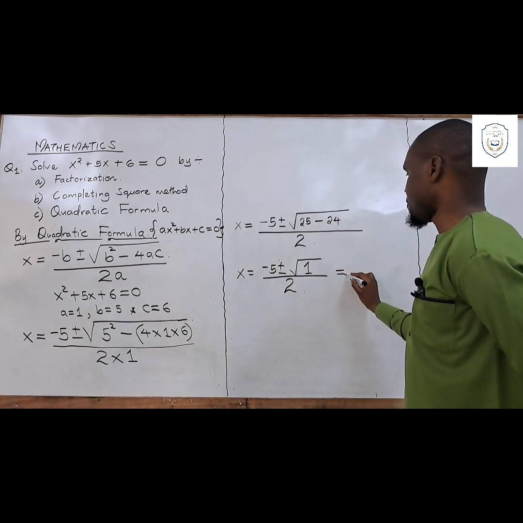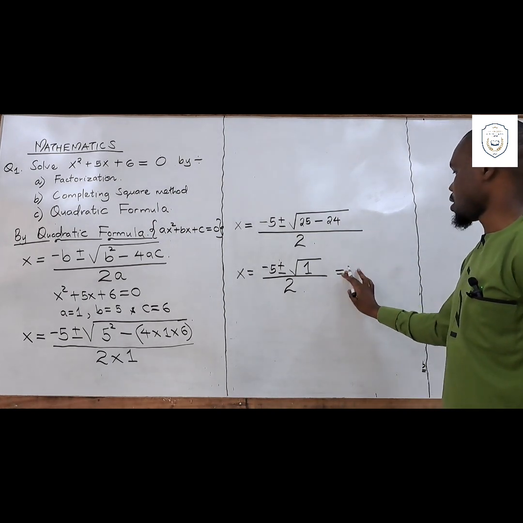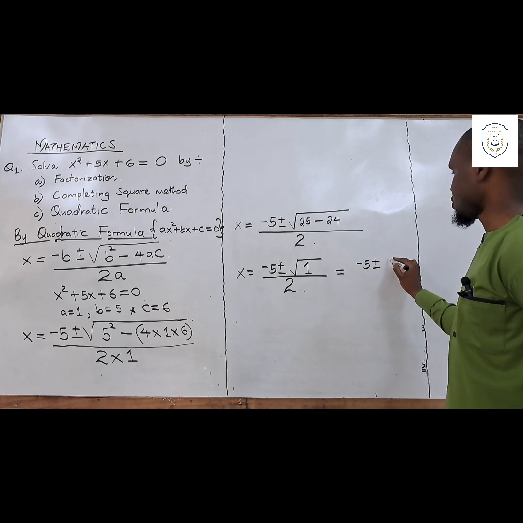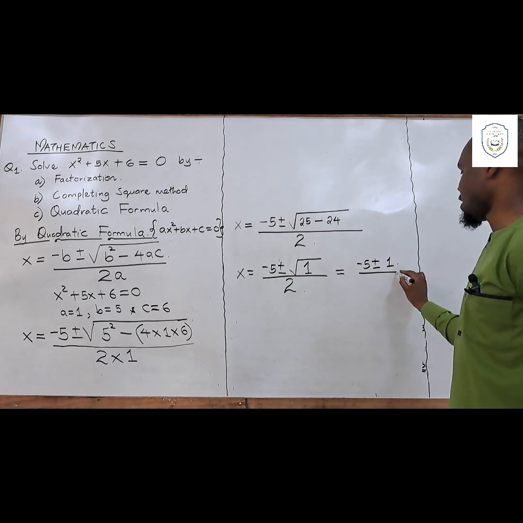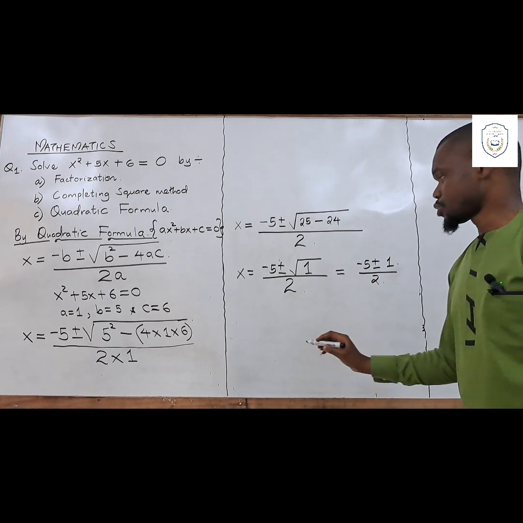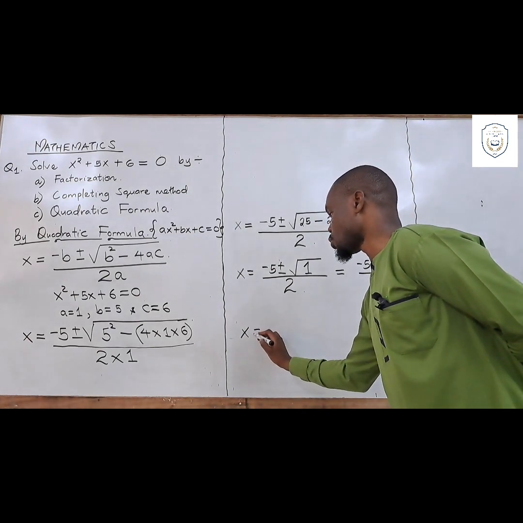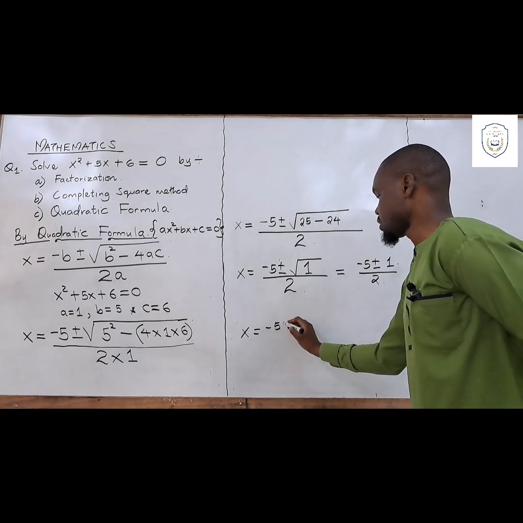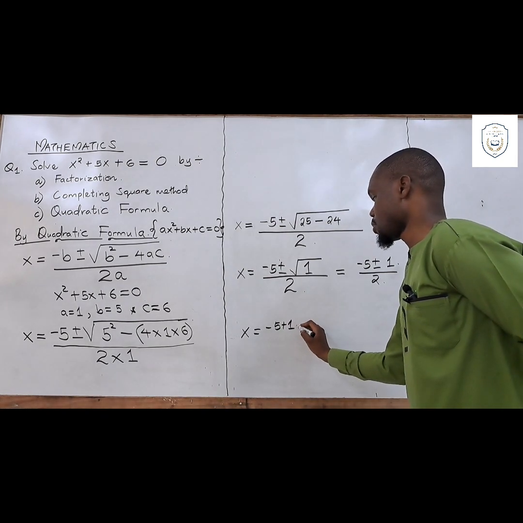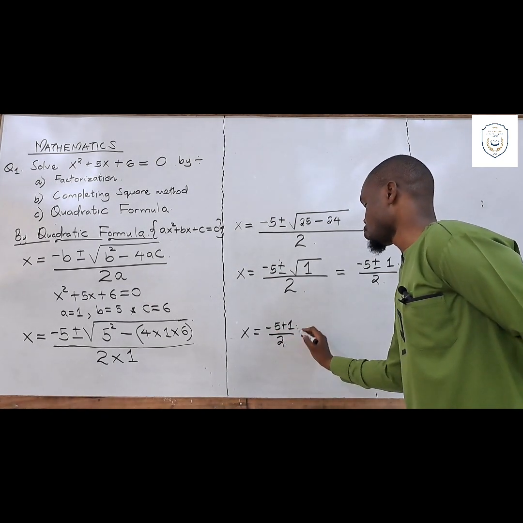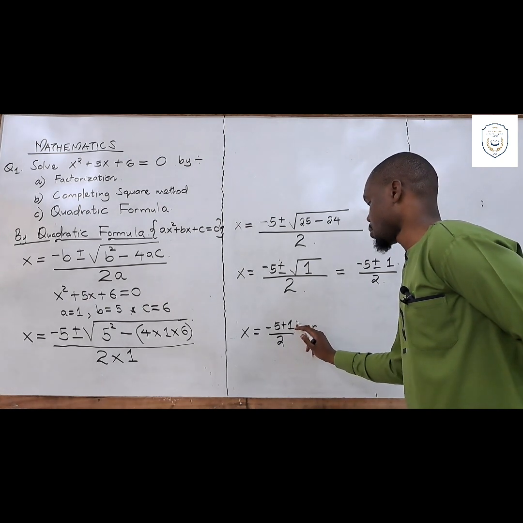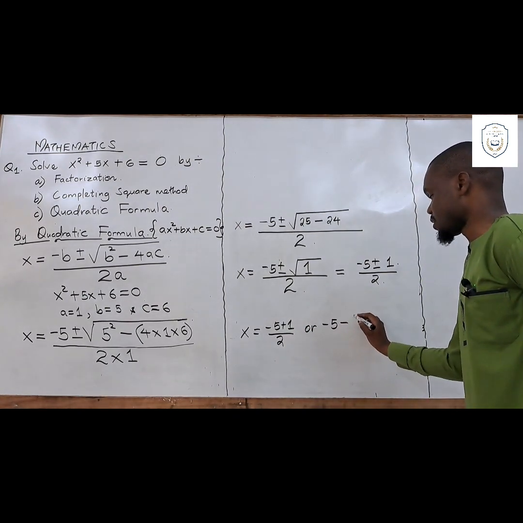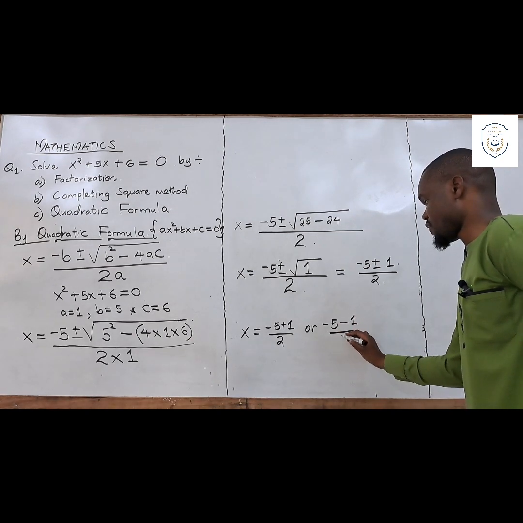In simplified form, this becomes negative 5 plus or minus 1, everything divided by 2. So x would either be equal to negative 5 plus 1 over 2, or negative 5 minus 1 over 2.